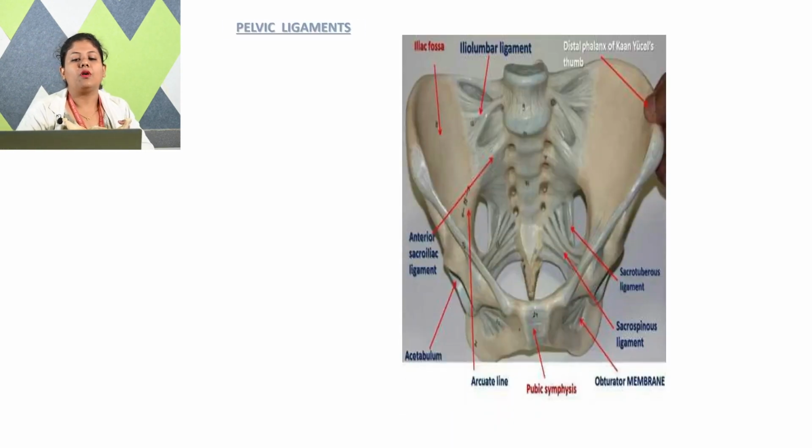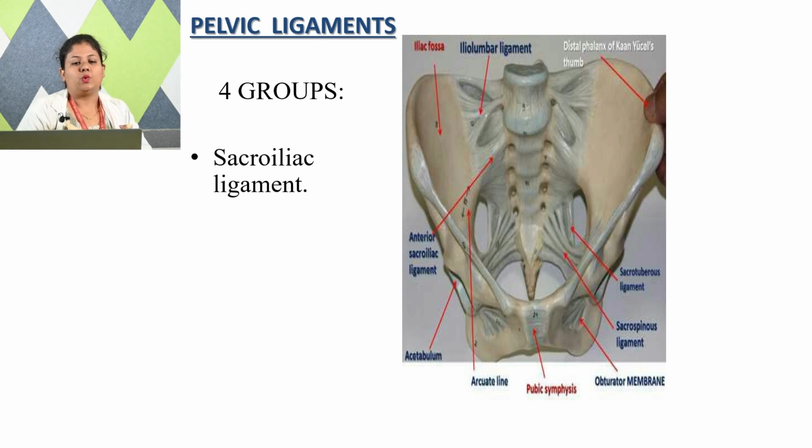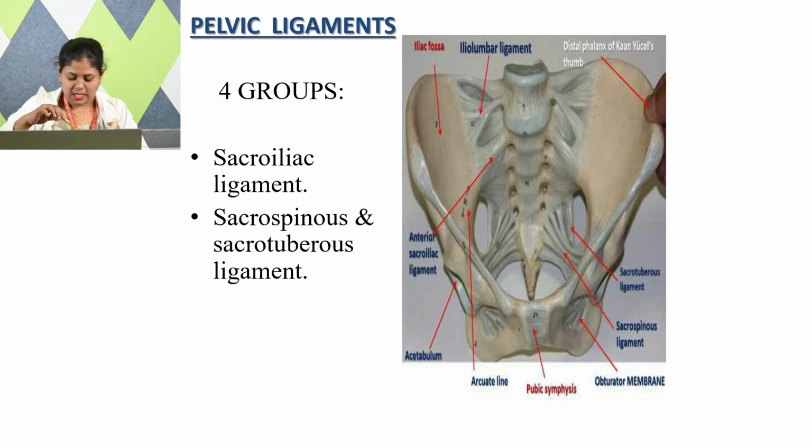These are the 4 joints, followed by the ligaments of the pelvis. Usually where the joints are present, the ligaments are also present.